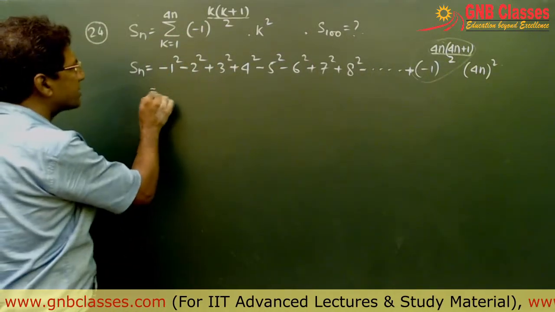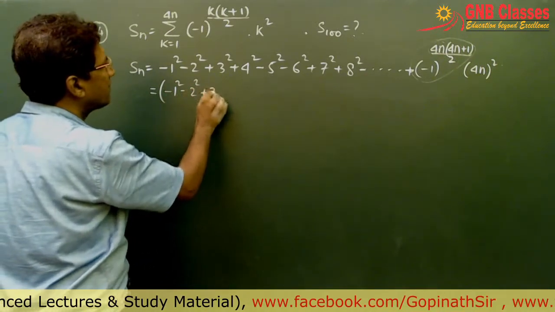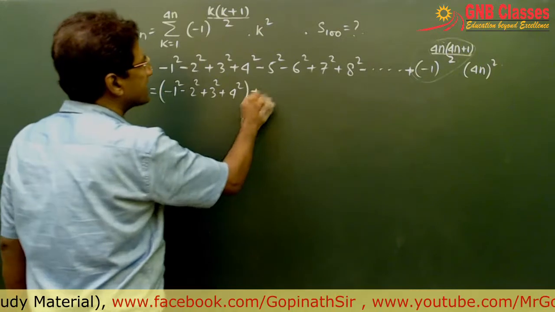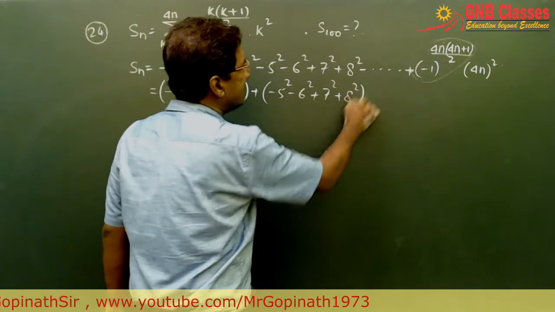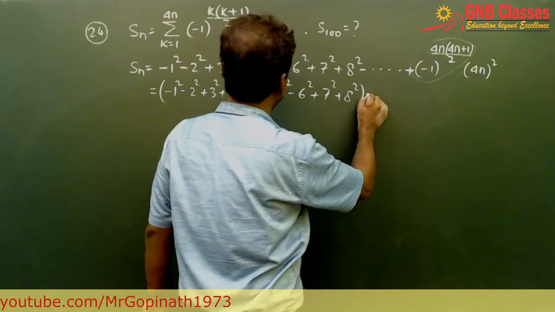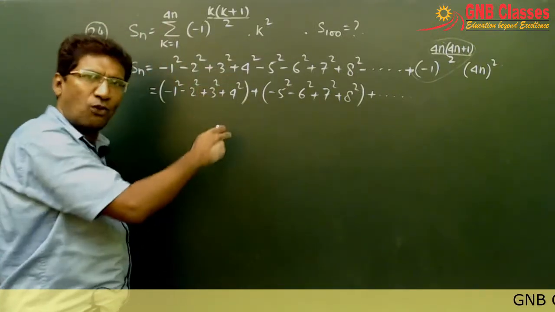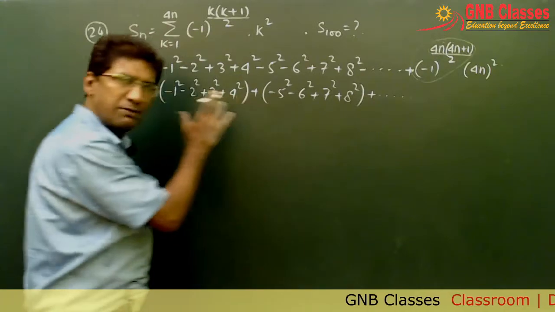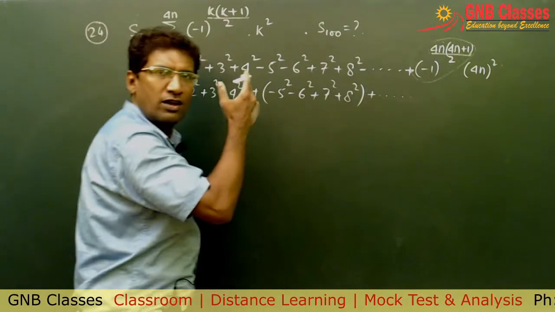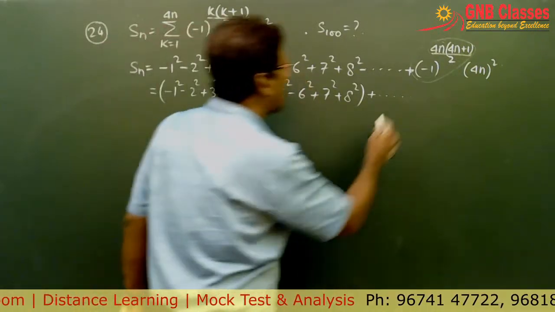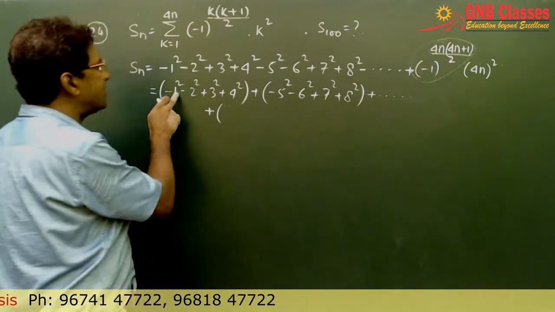Now, if I just make groups of this, like minus 1 square, minus 2 square, plus 3 square, plus 4 square, plus again minus 5 square, minus 6 square, plus 7 square, plus 8 square, and this thing goes on, right? Total number of terms are 4n. So we are taking 4 in one bracket, so you will get n such brackets.